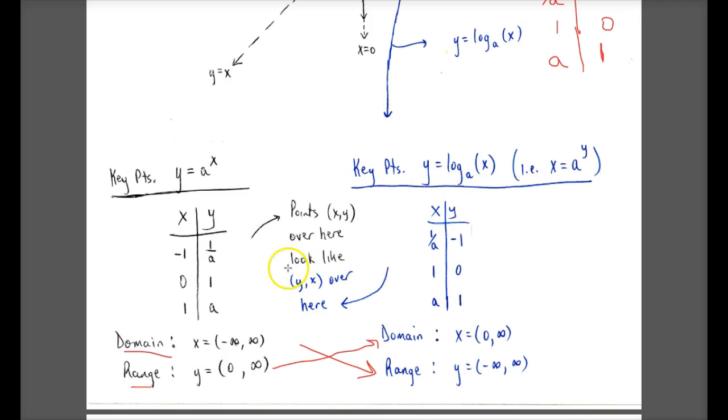Okay, and so that's the other special type of relationship that we have once we know that two functions are inverses of one another. The domain of one function is the range of the inverse, and the range of one of those functions is the domain of the inverse.